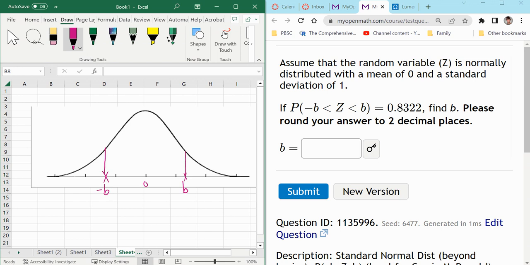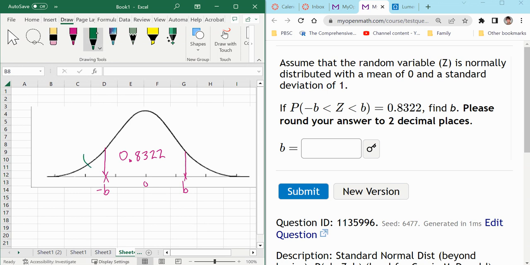Now, we may have placed them too close to the mean or too far from the mean, but we'll know that after we do the reverse lookup or inverse lookup using the normal distribution. So the area in between them is 0.8322. Now, if we want to use the norm.inverse function in Excel, or look it up in the z-table, what is usually the most common thing to use is a left area.